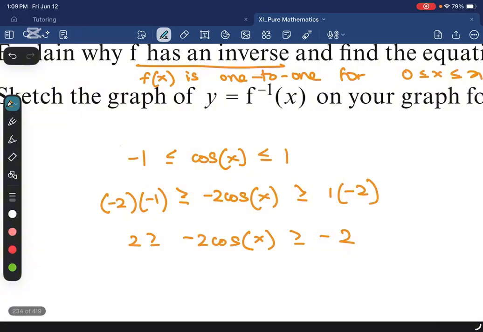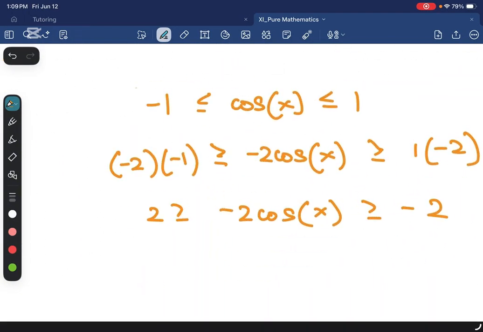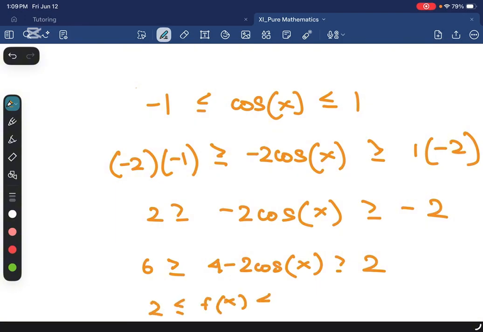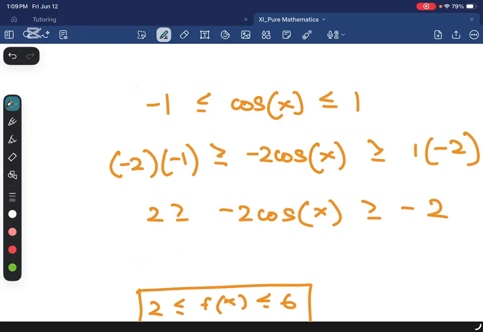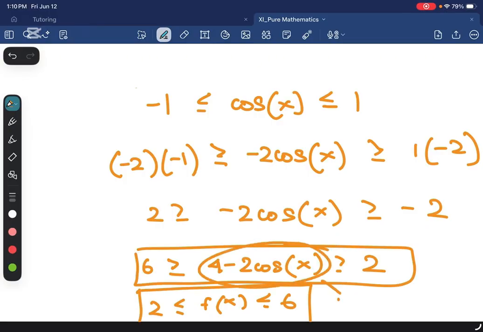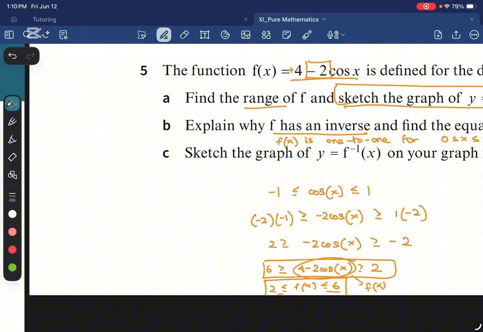And now I need to add 4. If I add 4, I get 6 and 4 minus 2 cosine of x, and I get 2 here. So this is the range. The range is just going to be from 2 to 6. That is going to be the range of your function, because the middle part is your f of x. So it's less than 6 and bigger than 2.